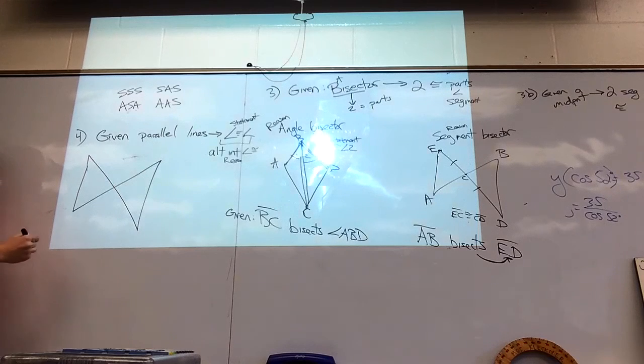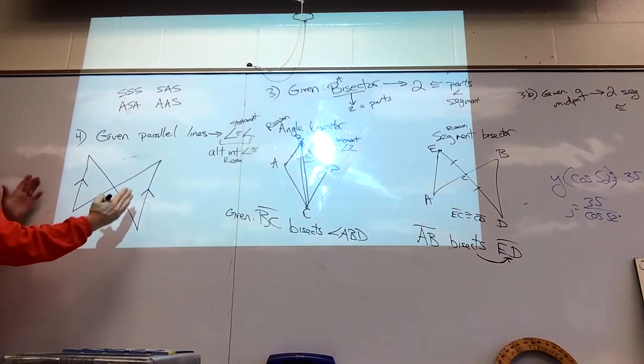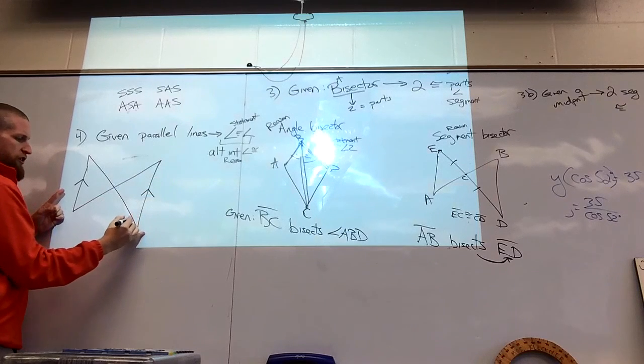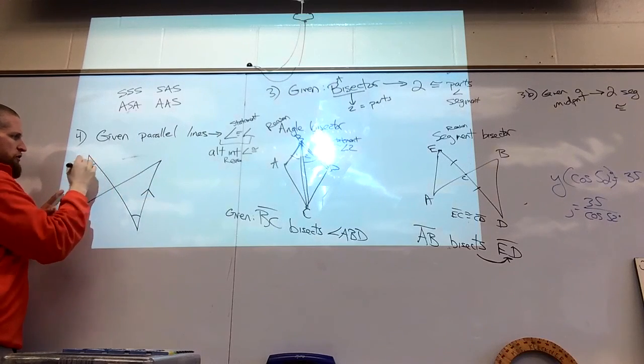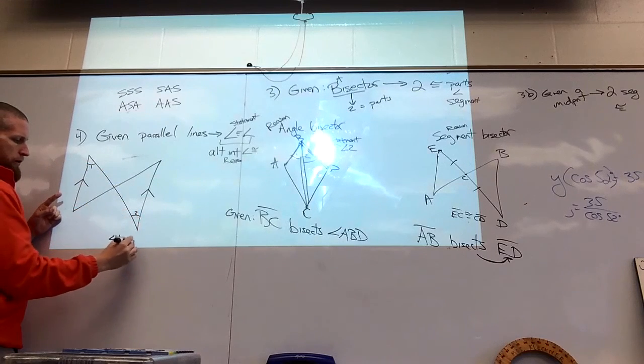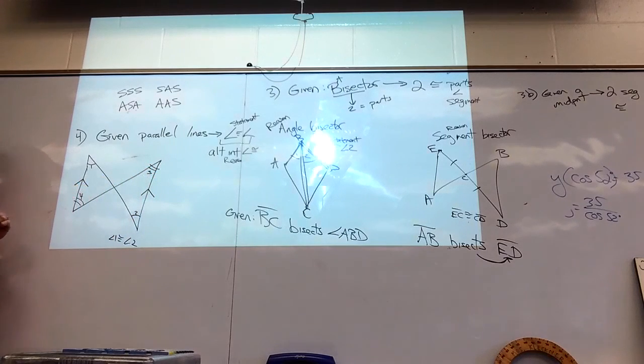It's a very common picture. They would give you these lines being parallel. If you see a picture like this and these are the parallel lines, the places where your alternate interior angles are going to be are those two. So 1 and 2 are congruent. And then those right there.